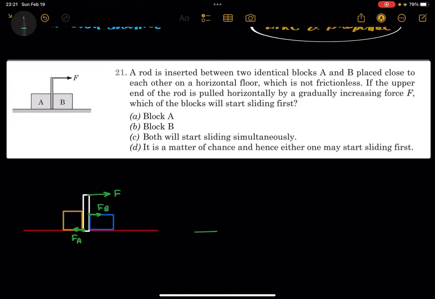Let's assume this is a rod and you pull the rod from this direction, the rod will tilt like this. So this end applies the force in this direction and the other end applies the force in that direction. But because the rod is placed between the blocks, the tilted position will not show.